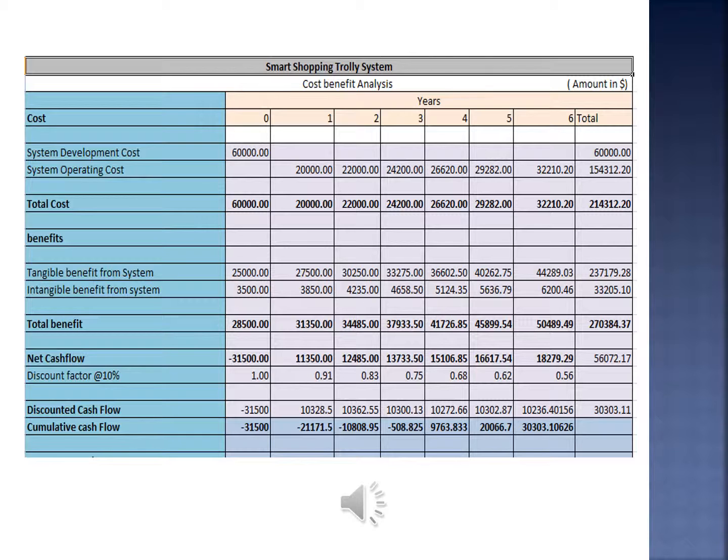Tangible benefits are 25,000 and intangible benefits from the system are 3,500, including the 10%. Then we get the total benefits, and we calculate net cash flow as total benefits minus total cost. Then the net cash flow with a discount factor of 10%, then the discounted cash flow, and the cumulative cash flow.